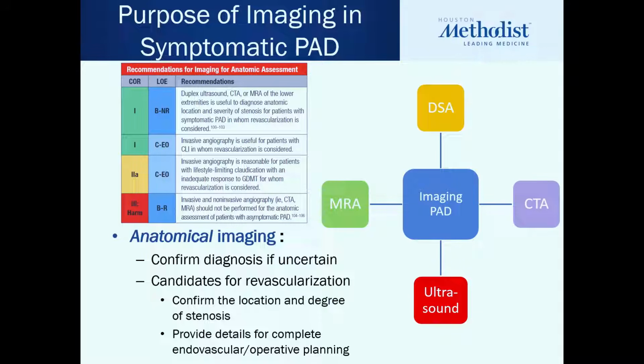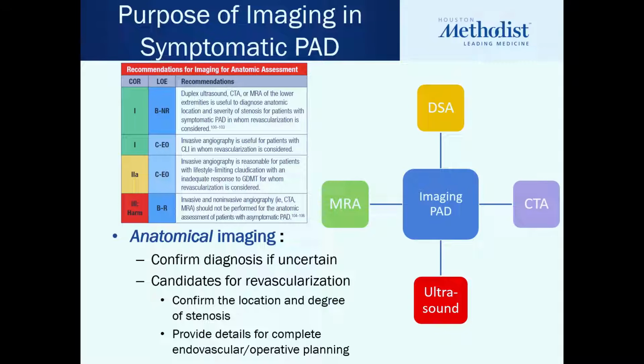Number one, if you're still uncertain about the diagnosis or have mixed results, you can confidently identify the disease and make a diagnosis. Or number two, if you are planning revascularization, you find out where the disease is and how bad it is, seeing the lay of the land and helping you plan whatever procedure you're planning to do.